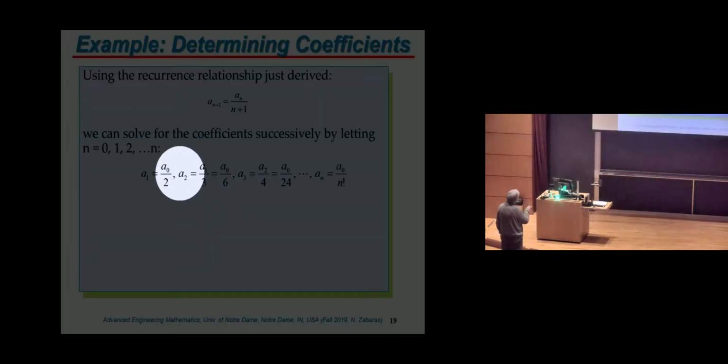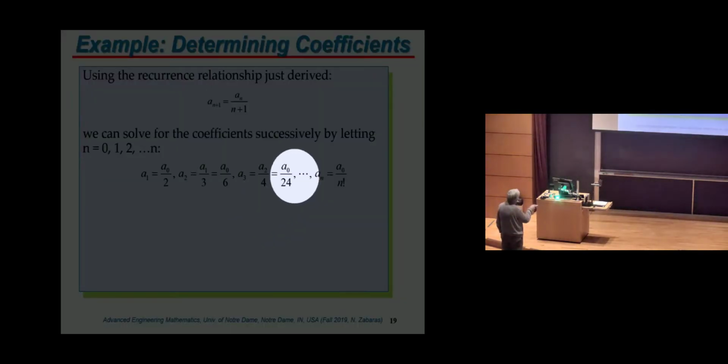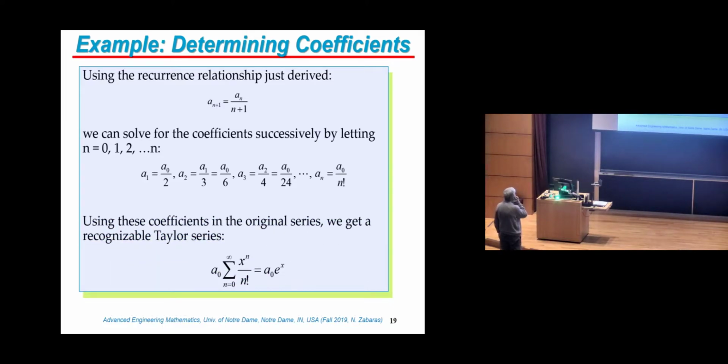Right? Can you see that a_2 comes to be a_0 over 3 factorial? That's 6 there. Similarly, a_3 is a_0 over 4 factorial, and a_n is equal to a_0 over n factorial. We're lucky. So we get basically a_0 times e to the x. OK? So that's a nice example.